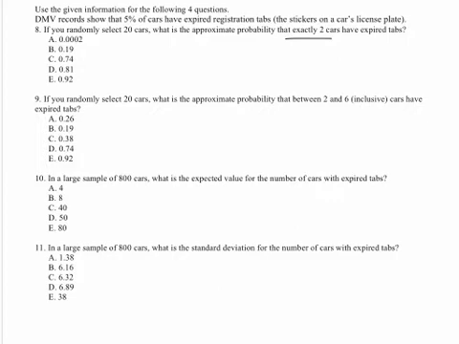For exactly 2, now this is one where on a free response, you would need to show your work. It would technically be 20 choose 2, times 0.05 to the second, and then 0.95, or 1 minus 0.05, to the 18th.